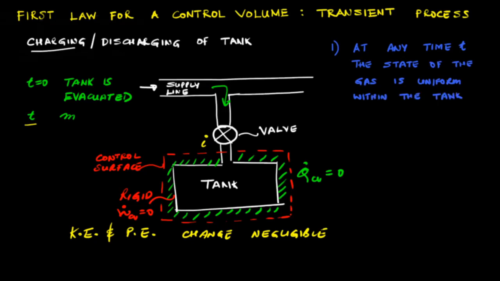That is, while the gas is filling up the tank, at any point within the tank, the properties of the gas are the same. So there's no gradient in any property within the tank.